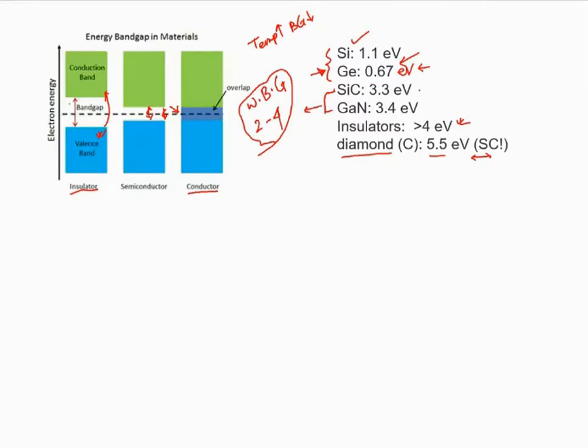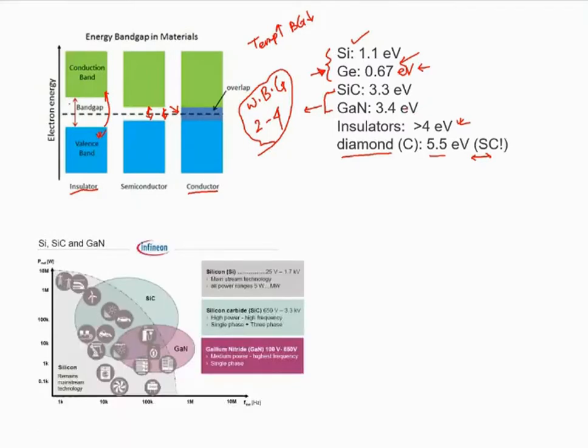And silicon carbide and GaN, since they have even higher band gaps, offer several benefits. We'll discuss slowly. This chart will show you where to use what, and for what application you use silicon based devices, for what voltage and frequency you prefer silicon carbide, and for what application you prefer GaN devices.